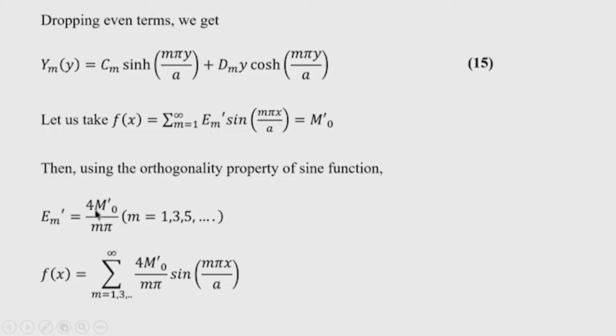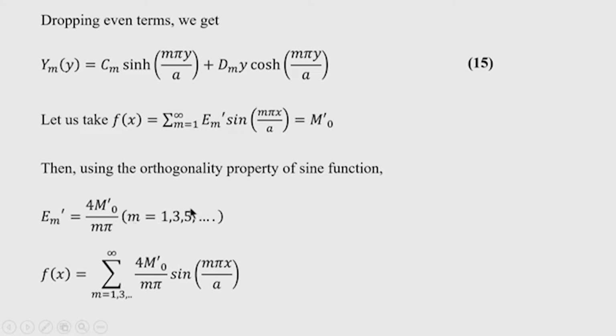So, the first term will be 4 m prime naught divided by pi. The second term is an odd term, so it will be 4 m prime naught divided by 3 pi, and like that it will go.